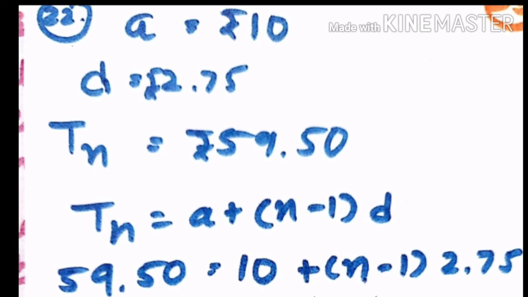They ask how many terms are there in the AP, or n. We want to find the value of n here. So I take the Tn formula. Tn is equal to a plus n minus 1 d. I substitute the value of Tn as 59.50, a as 10, plus n minus 1 into common difference 2.75.